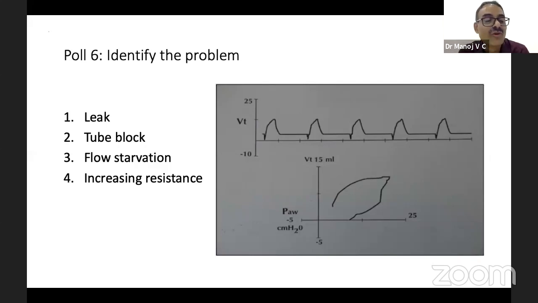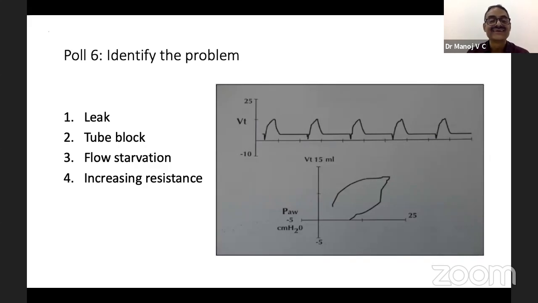A leak, a tube block, a flow starvation, or increasing resistance. Excellent. So that means you have understood the concept, or you already knew it before you attended this. So this is a typical leak.